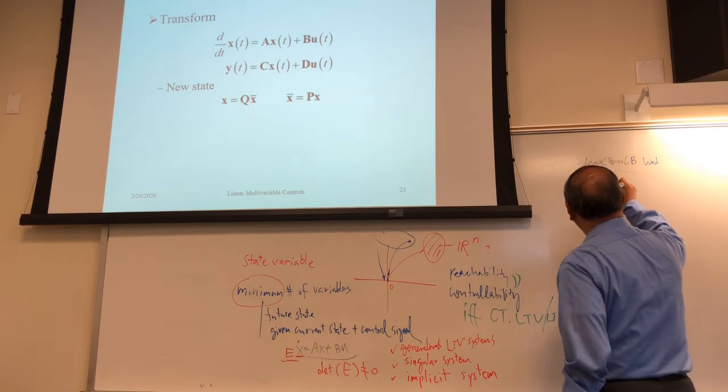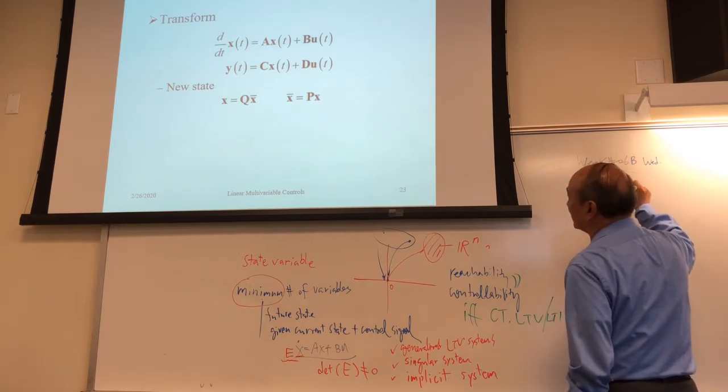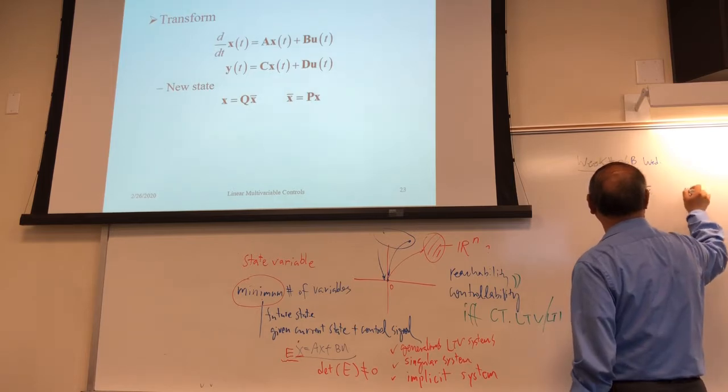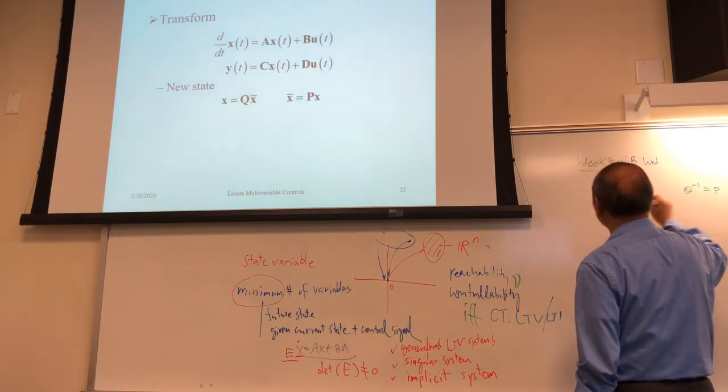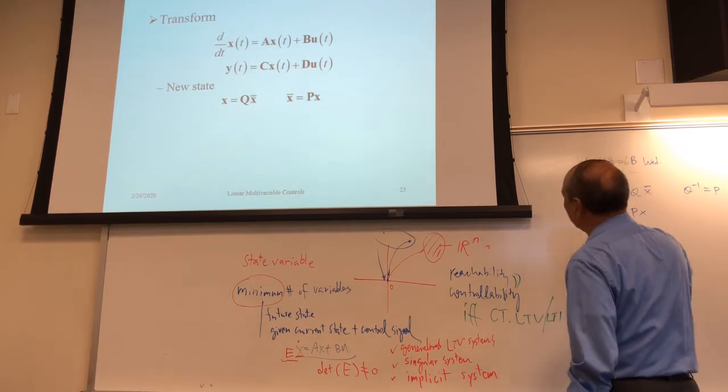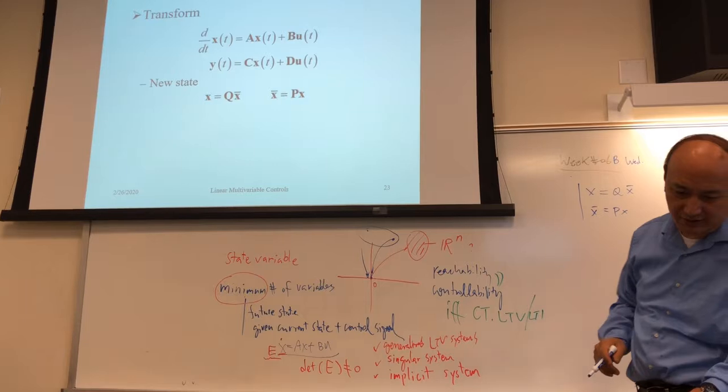So we have X is QX bar, and Q inverse is P. So I write X bar is PX. This is nothing, just a notation.